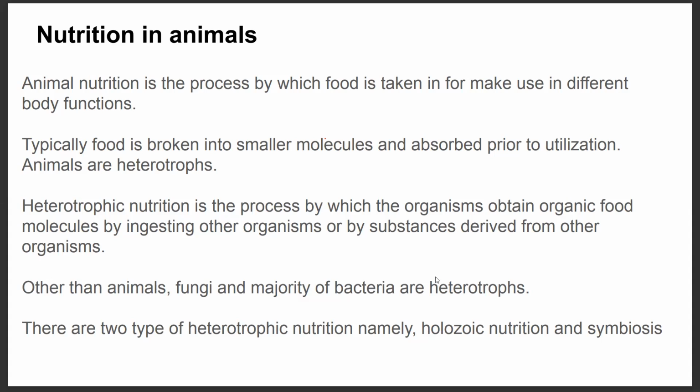Nutrition is a living feature. All living organisms require nutrients, so they show this. So animal nutrition is the process by which food is taken in for use in different body functions.